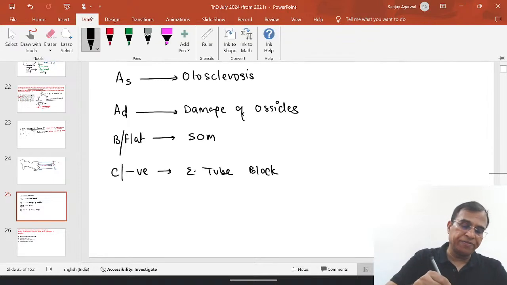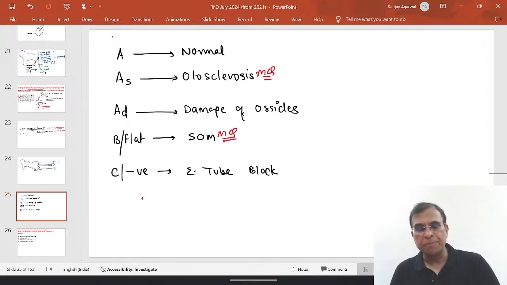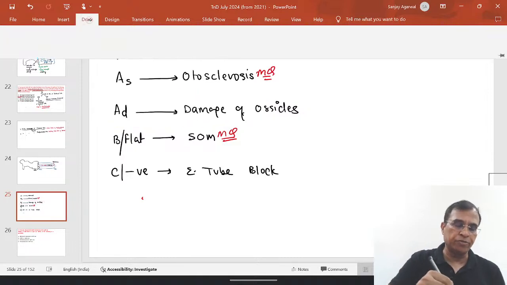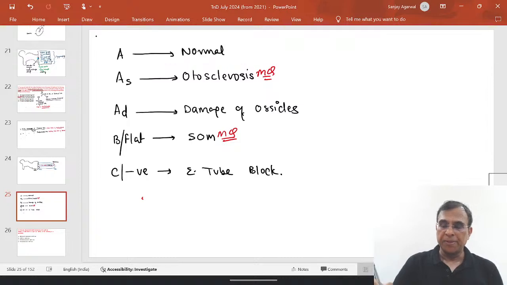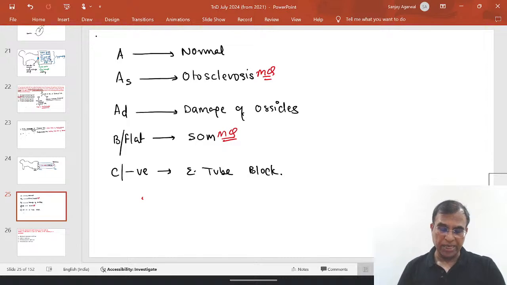Out of the 5, the most commonly asked is AS, very commonly asked. B is also quite common. These two are very commonly asked, but I have asked you this one, which is relatively less important from the exam point of view. But the idea was that you get the concept of ossicular chain damage with intact membrane. That was more important. But we shall go to the next question.